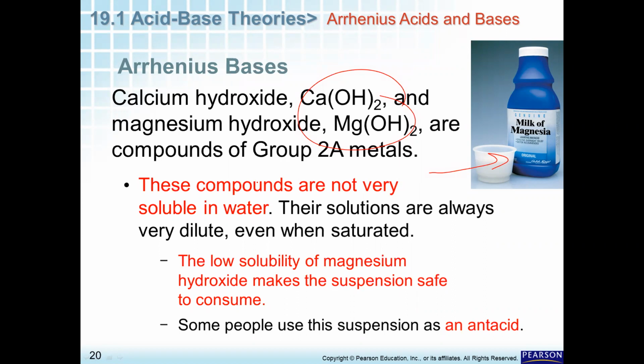But in the case of calcium and magnesium hydroxide, because their solubility is very, very low, they will not be ionized to a very high degree, and that's why they are safe to take. These compounds are not very soluble in water, and because of this, the low solubility of magnesium hydroxide allows us to use them in a suspension that is safe to consume.